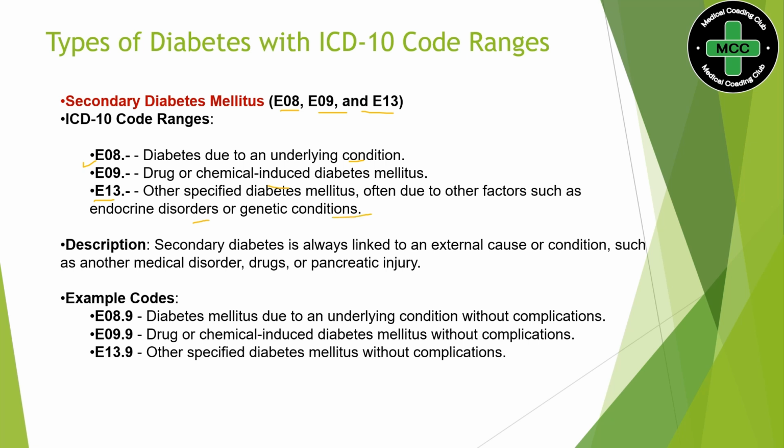Based on the proper documentation, we have to find out the cause of the diabetes and code it accordingly. Secondary diabetes is always linked to an external cause such as another medical disorder, drug or a pancreatic injury. Just for information.